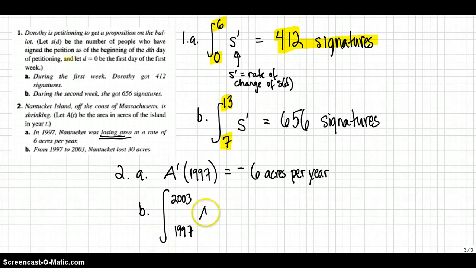So that's why I'm going to put A prime in here, right? Because you can think of this S piece as saying sum up, right? That's going to say add up over these years. And the A prime says add up all the changes that happen. And when we do that, they tell us what the answer is. They tell us we lost 30 acres. So again, we want to make it negative. And that's the grand total of what we lost.